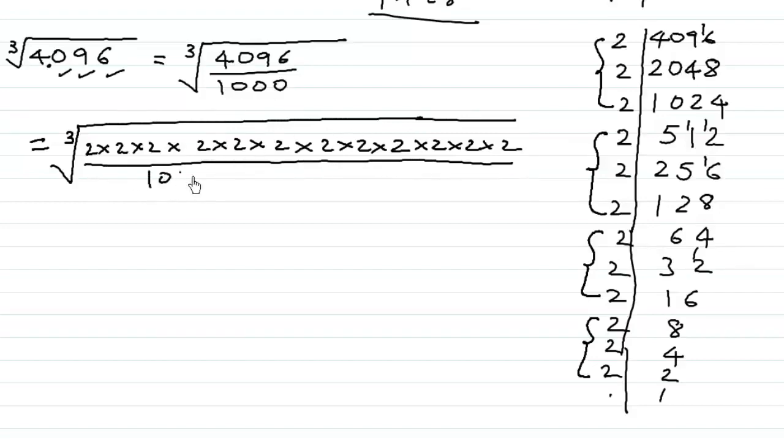We can just write 10 into 10 into 10 for 1000. It's not necessary that we always have prime factors. We can use normal numbers also.